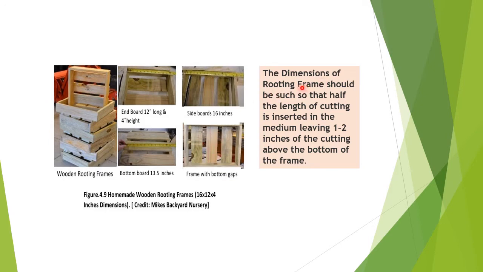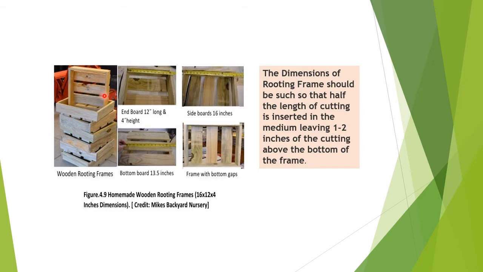The dimensions of the rooting frames should be such that half the length of the cutting is inserted in the medium, because you have to fill up this space with the medium, and around 50% of it should be in the medium, leaving 1 to 2 inches of the cutting above the frame.